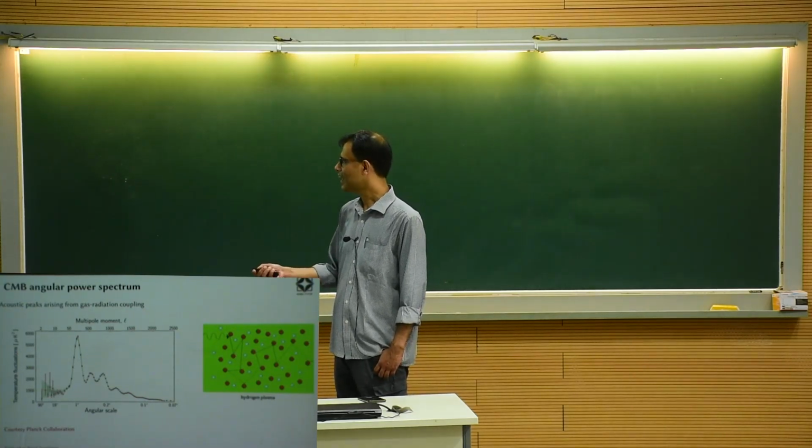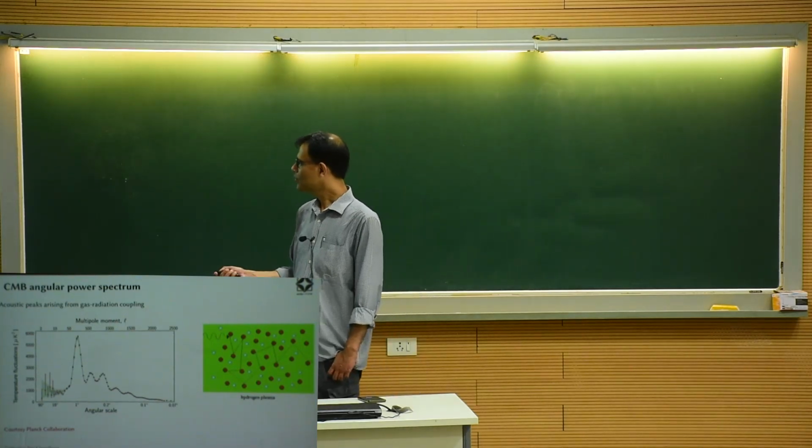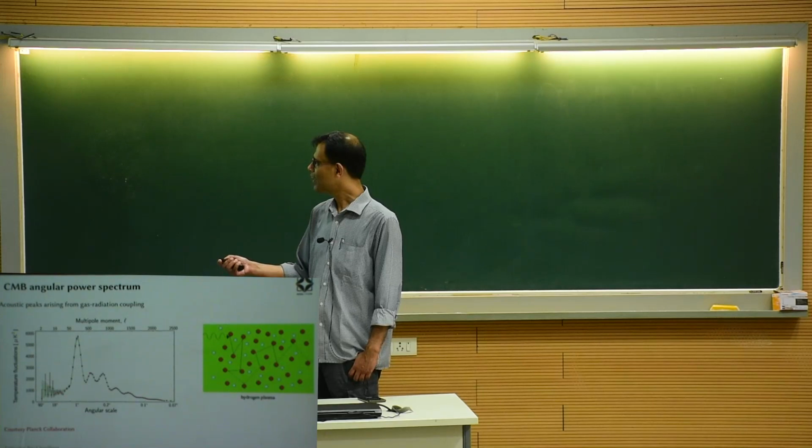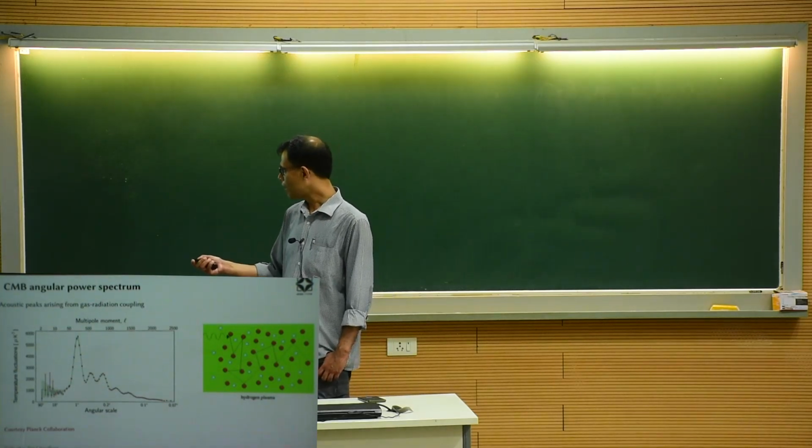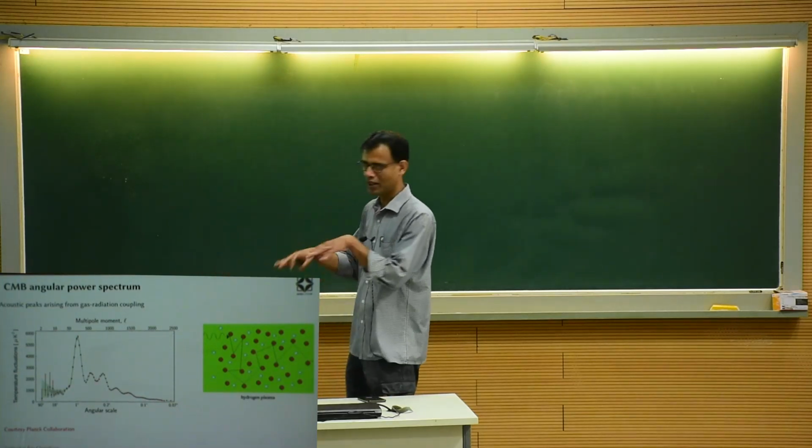These are large angular scales, these are small angular scales. It turns out that this comes with a very typical feature. It's almost flat, and then there are peaks and troughs, and their amplitudes decrease and become negligible.